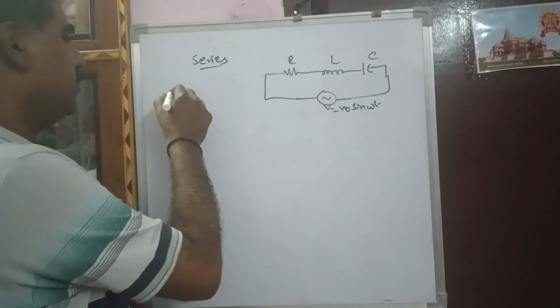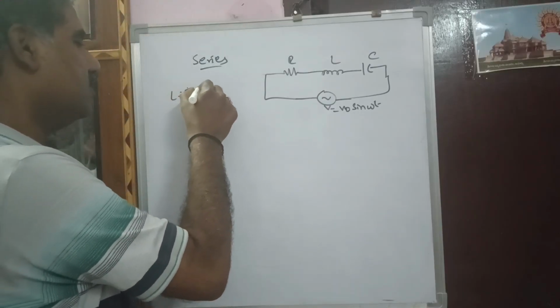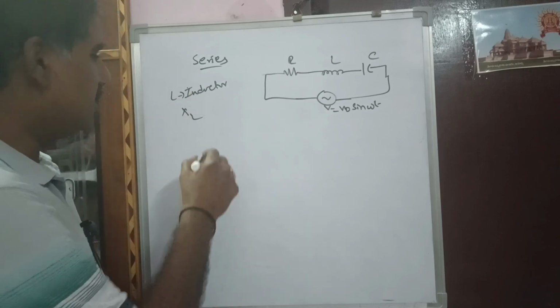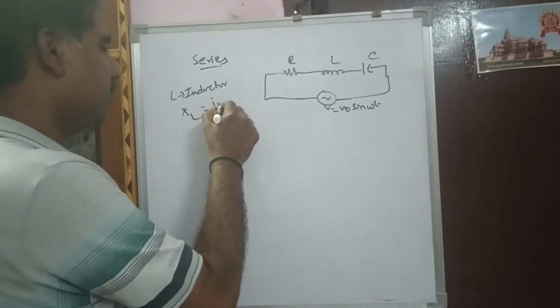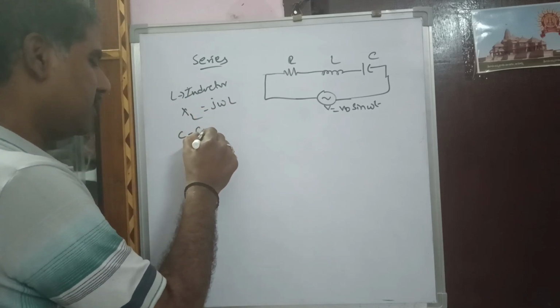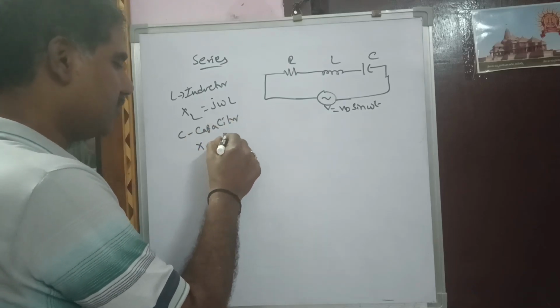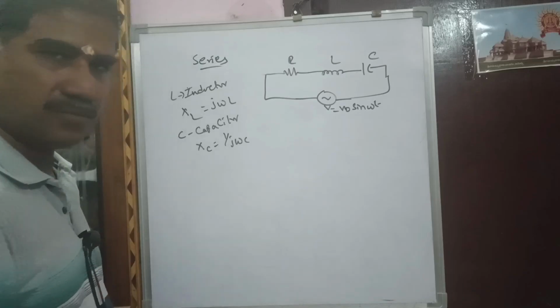The reactance of an inductor is XL, that is j omega L, whereas the reactance of a capacitor XC is 1 by j omega C.